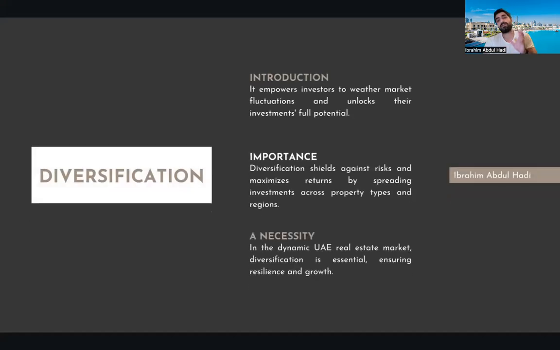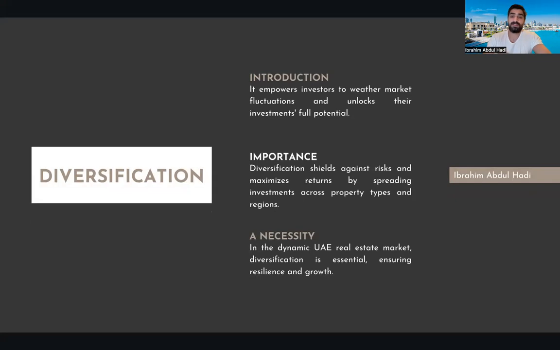To move ahead with diversification, we need to know what diversification means and how important and necessary it is. Diversification empowers investors to weather market fluctuation and unlock their investment's full potential.